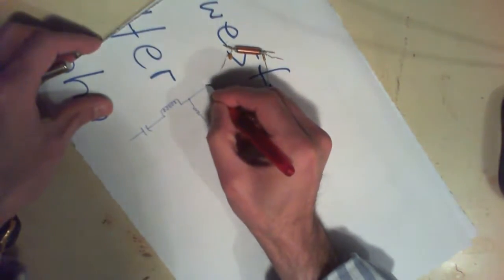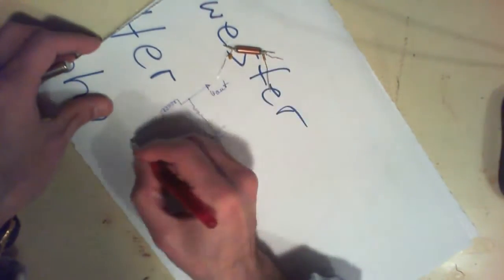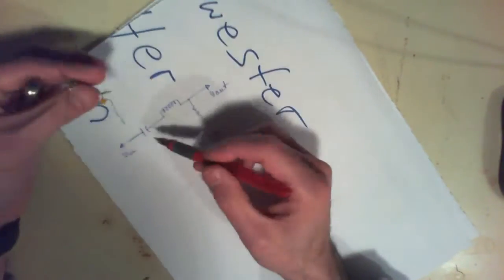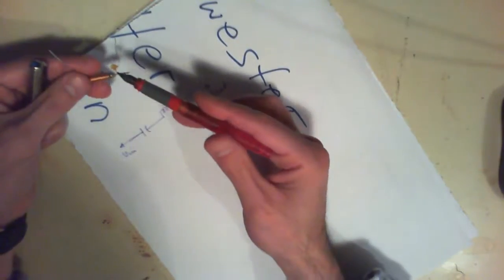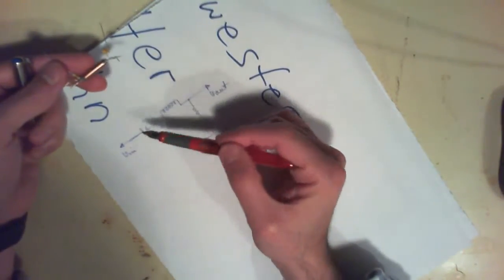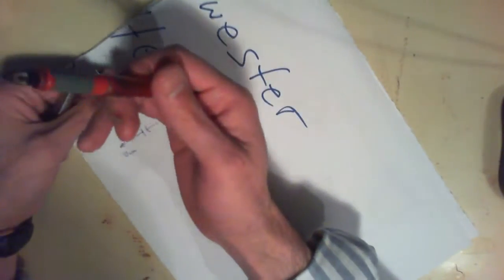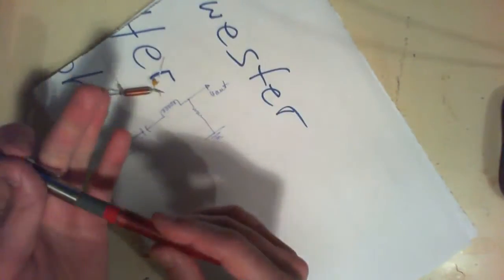That is my V out, and that is my V in. So this is the capacitor, this is the inductor, and right here is the resistor that goes to ground.